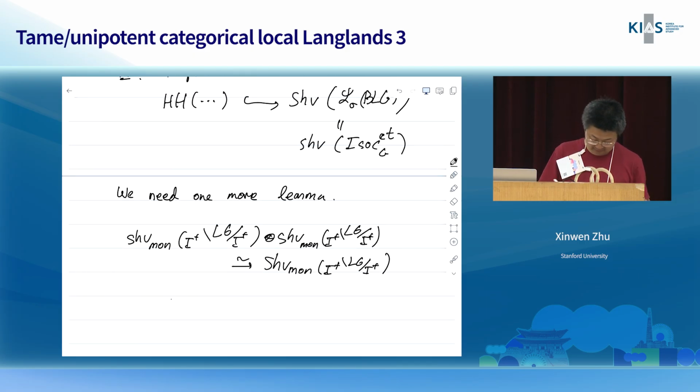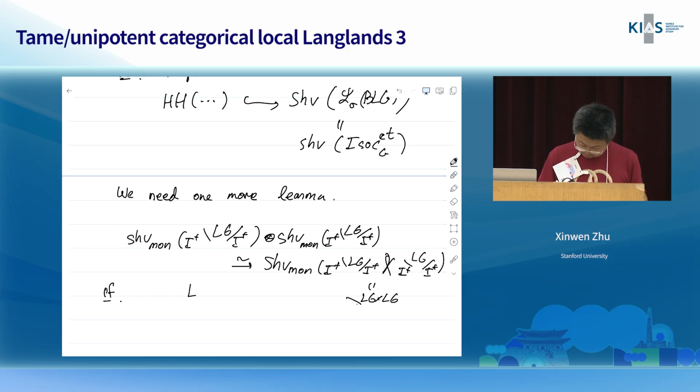When you add it, essentially it's because you have this Schubert stratification. I think this idea also appeared last week in various talks. You can write it in this way.